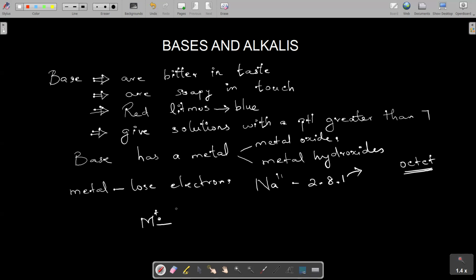Because they have lost a negative electron, they have become positive. And now oxygen gains that electron. Now it has gained a negative charge, so it becomes negative.